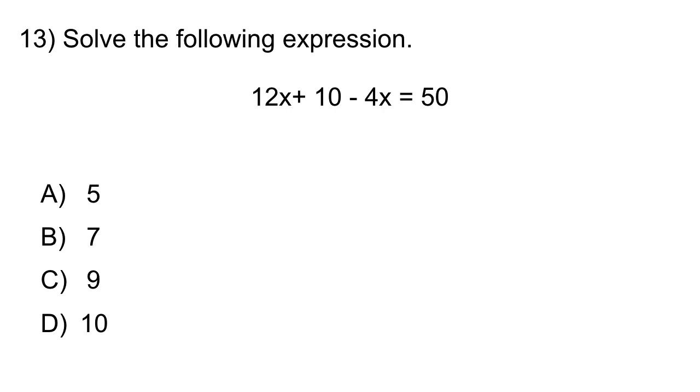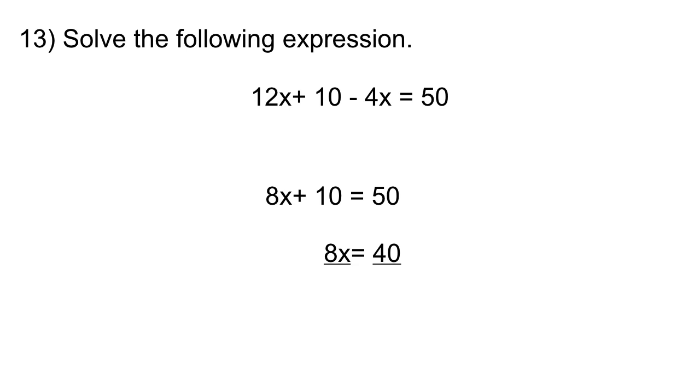Solve the following expression. Okay, so again, what you want to do here is start by combining like terms. So you would solve these two first. So 12x minus 4x is going to give you 8x plus 10, which is going to equal 50.